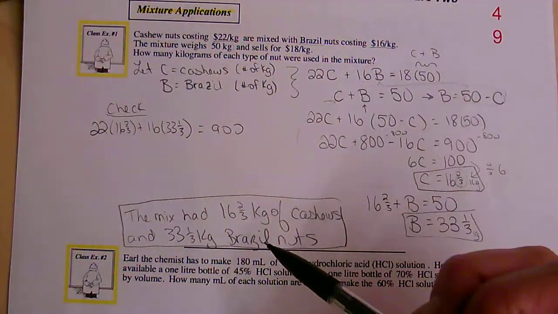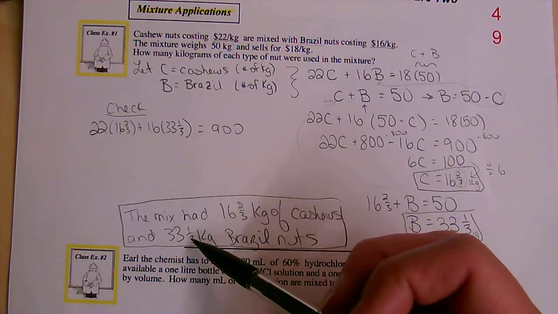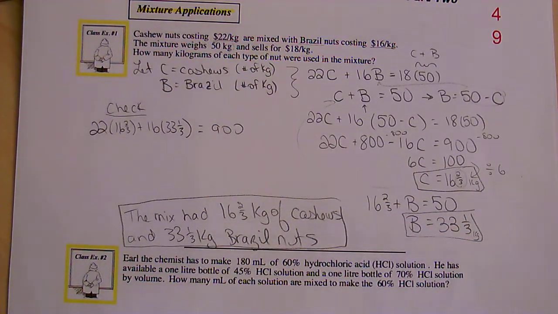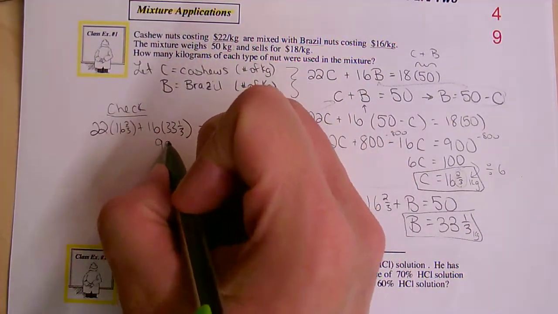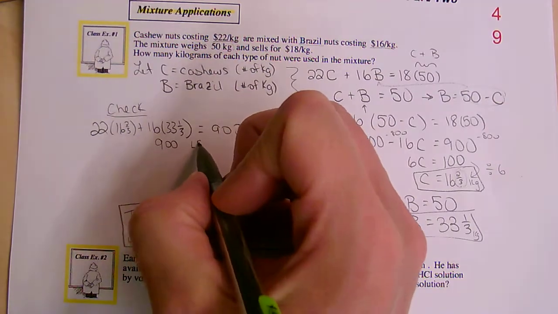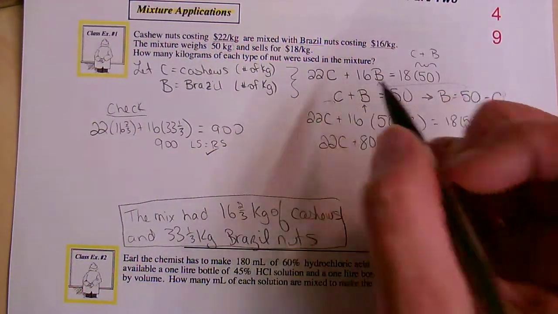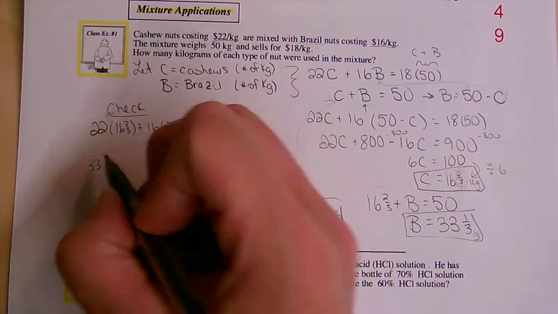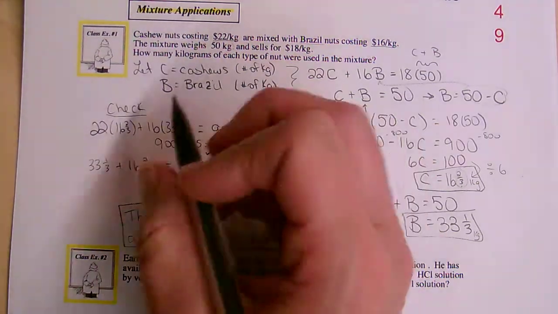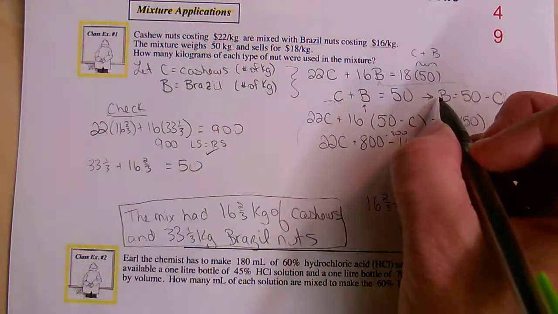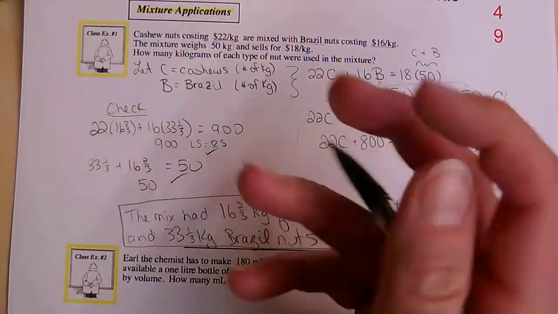So remember we said that it was going to be heavily weighted towards the Brazil nuts, and we see it's twice as much Brazil nuts, which makes sense. Okay, so you would plug this into your calculator, and sure enough you would get 900. So left side is equal to right side. Good. And then you would do that over here. Okay, so 33 and 1/3 plus 16 and 2/3 should be equal to 50.